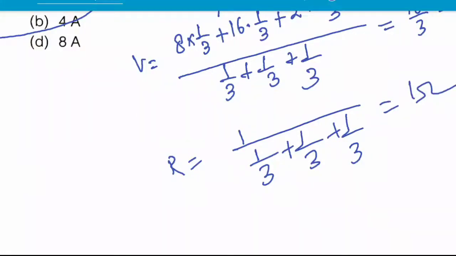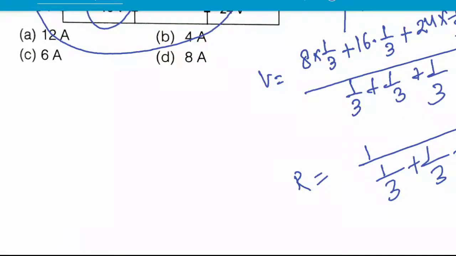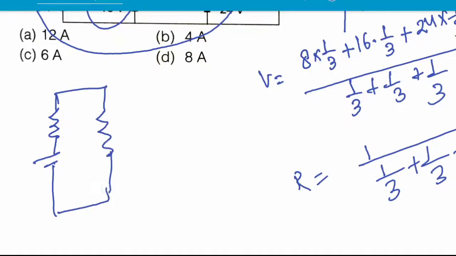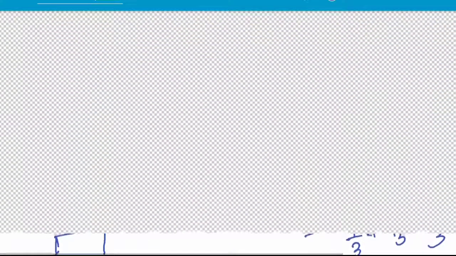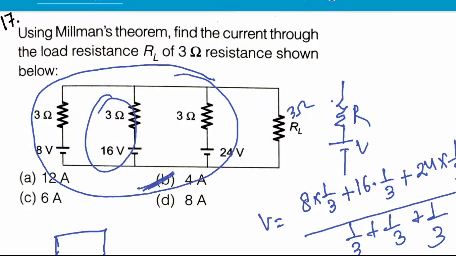And here the complete circuit is coming to be: this is the voltage and this one is the load, this is 16 volt, this is 1 ohm, this is 3 ohm, and here current will be I is equal to 16 by 3 plus 1, which is equal to 4 ampere. So option B is the correct answer here.